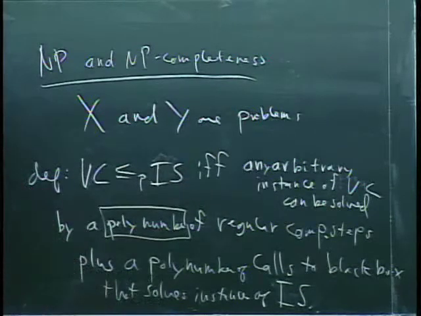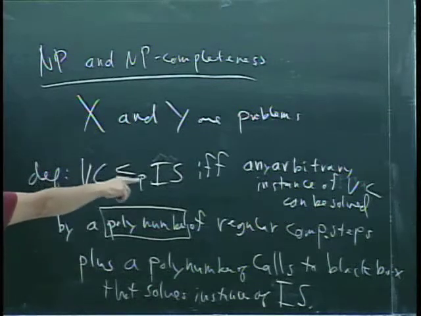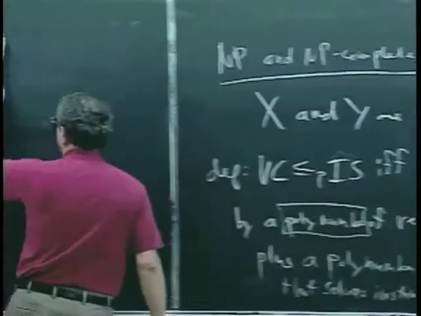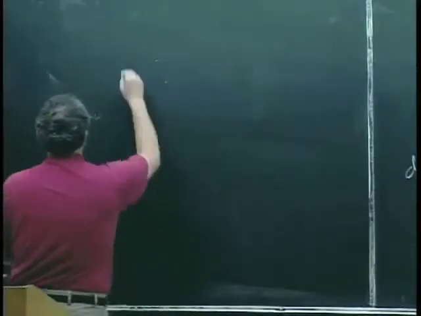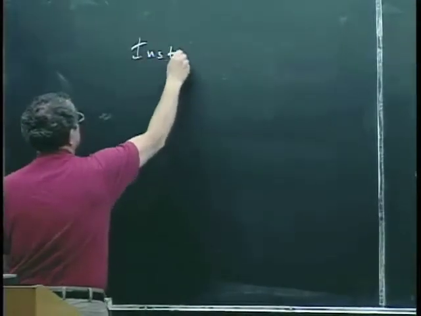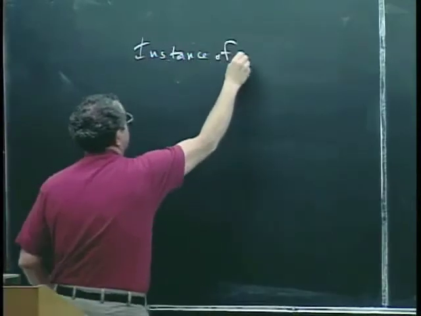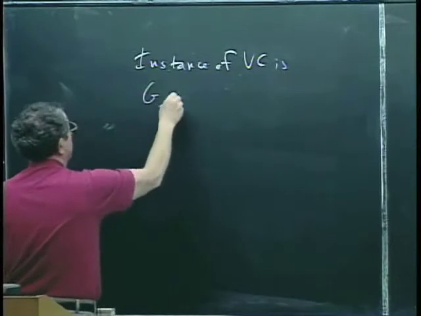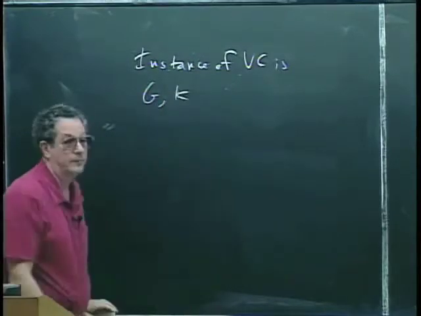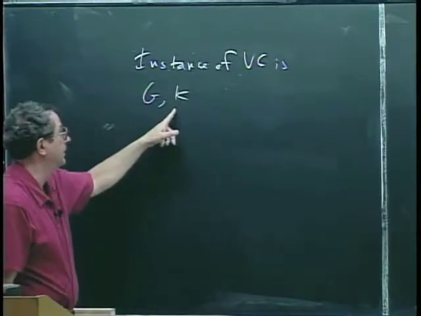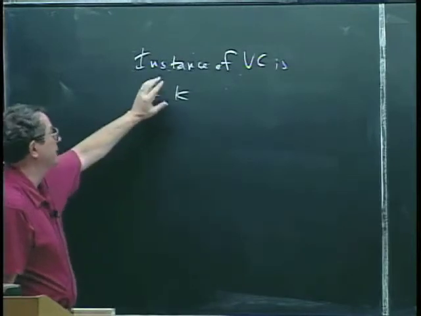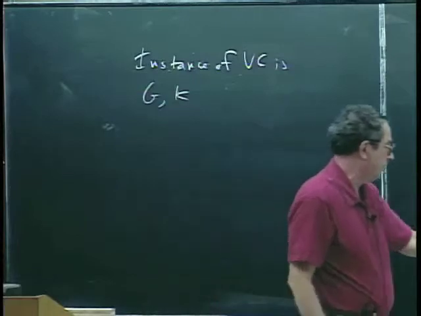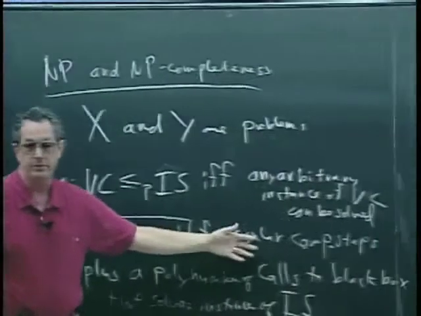Okay, so we need to think about an arbitrary instance of vertex cover. Well, what does it look like? So an instance of vertex cover is a graph G and a target K. Okay, so you've got a graph and a target. And you can do something with this input, as long as it only requires a polynomial number of regular computational steps.